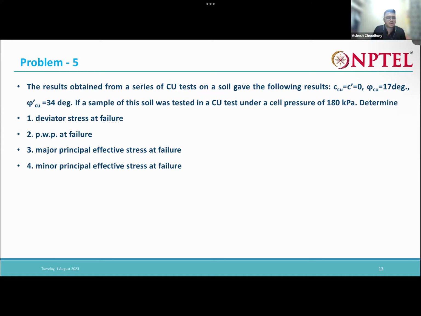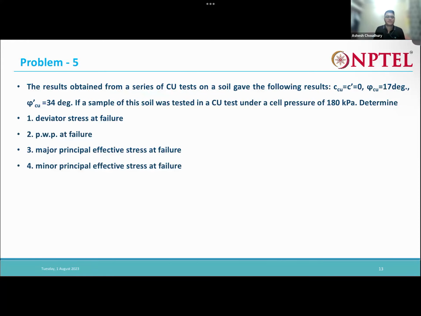Okay, so the next problem. The results obtained from a series of CU tests on a soil gave the following results. We have the values given to us: c CU is equal to 0, c prime is equal to 0, phi CU is 17 degrees, and the effective value of phi is 34 degrees. The total stress value is 17 degrees, and the effective stress value is 34 degrees.